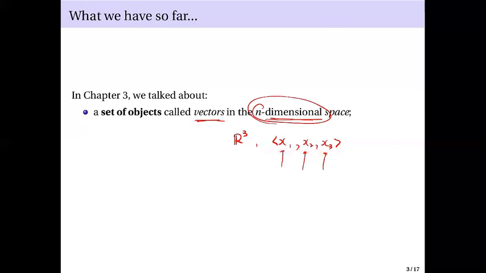And we say that this R3 is 3-dimensional Euclidean space. For now, that's what we know about this dimension. Like I said earlier, we will formalize this dimension for a vector space.